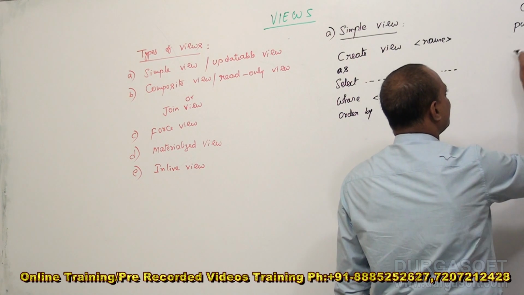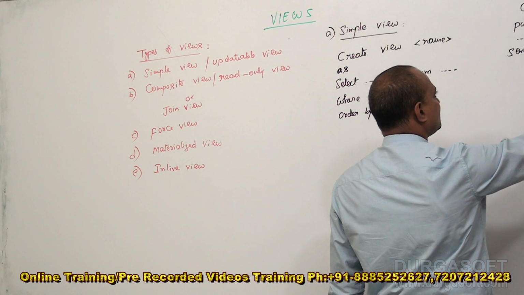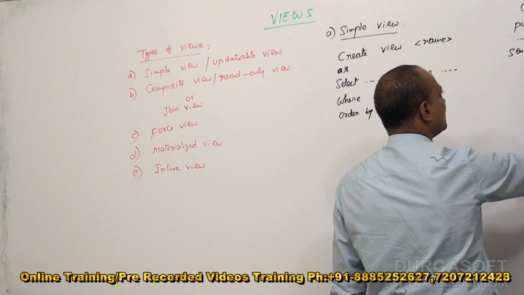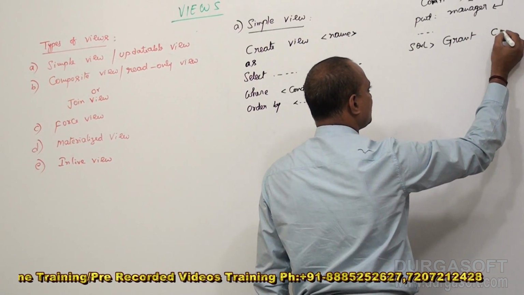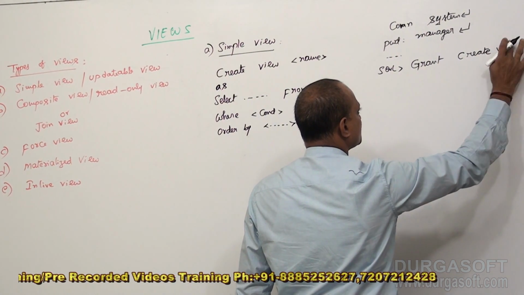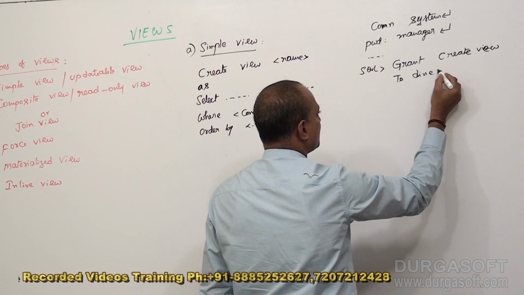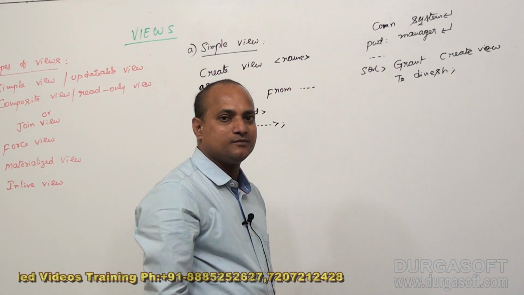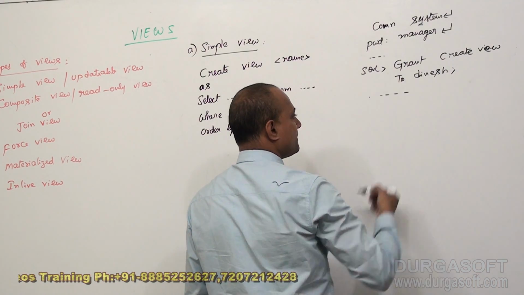Hit enter. It will say connected. Okay, SQL prompt. Here the DBA is working with the database. Now the DBA can execute a command like this: grant create view to Dinesh. He is permitting me to create a view. Grant succeeded, it is saying.